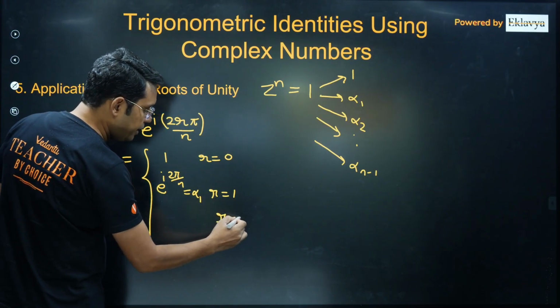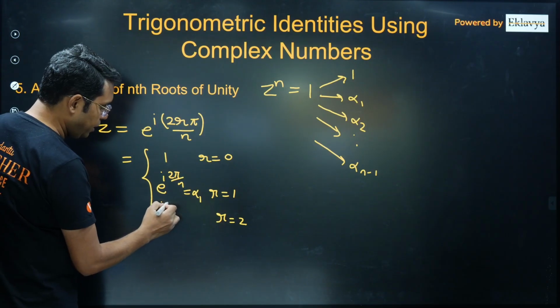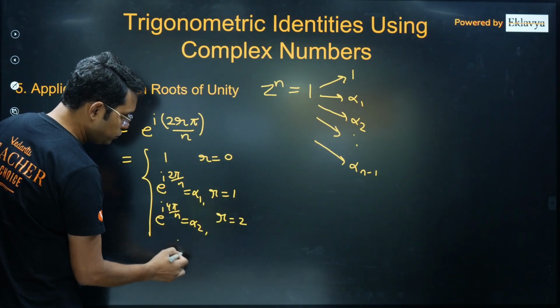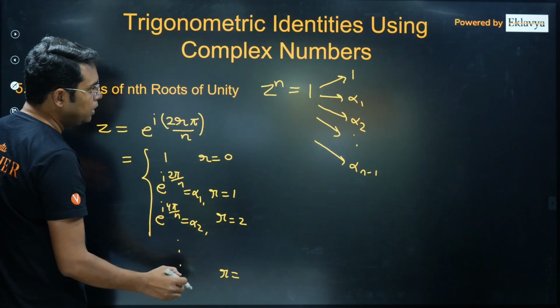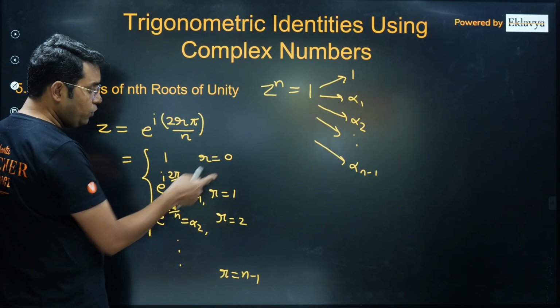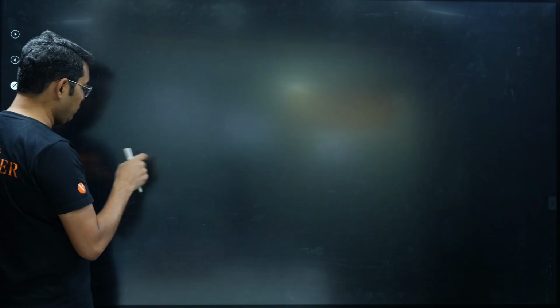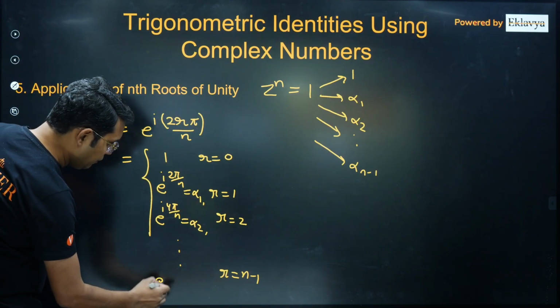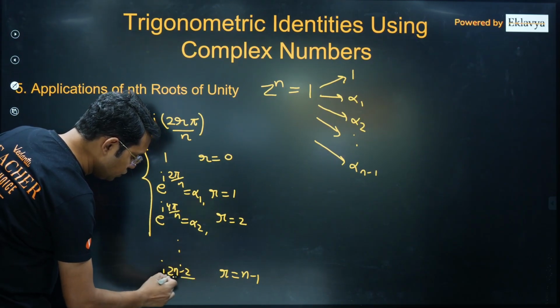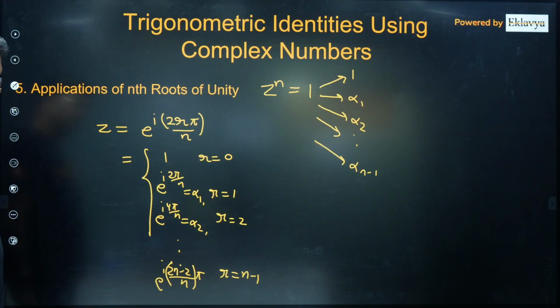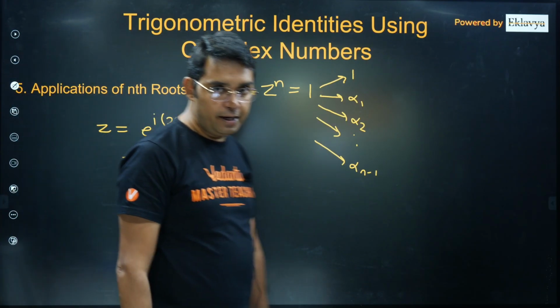Similarly, if you take r as 2, it will be e power iota 4 pi by n, and that is alpha 2 and so on. The last r would be n minus 1, because if you take r as n, then you get the same value as we were getting at r is equal to 0. So this will be e power iota (2n minus 2) upon n pi. So these are the values of alpha 1, alpha 2, alpha n minus 1.